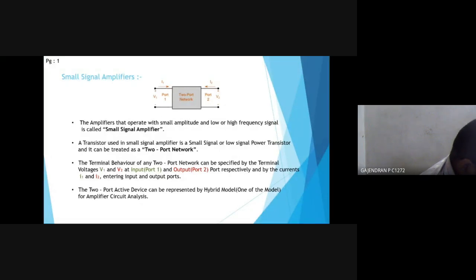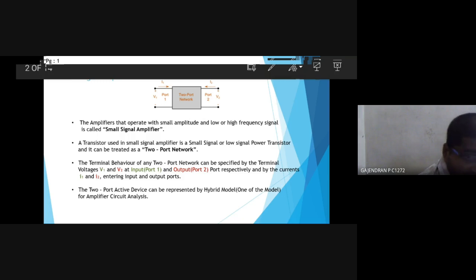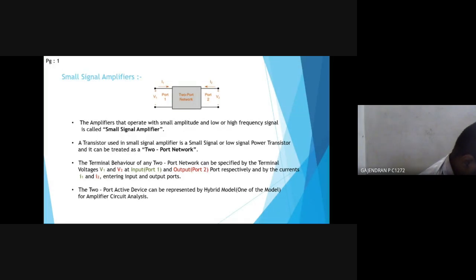Yes. As I said, transistor can be used as an amplifier in active region. And I mentioned the ports here in the third point. The terminal behavior of any two-port network can be specified by terminal voltages V1 and V2. Since it is voltage, we mention V. As we are talking about two-port terminals, V1 is representing input port 1, and I mentioned the inputs in green color and outputs in red color.